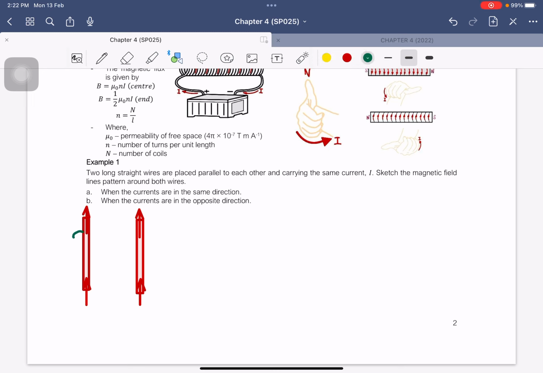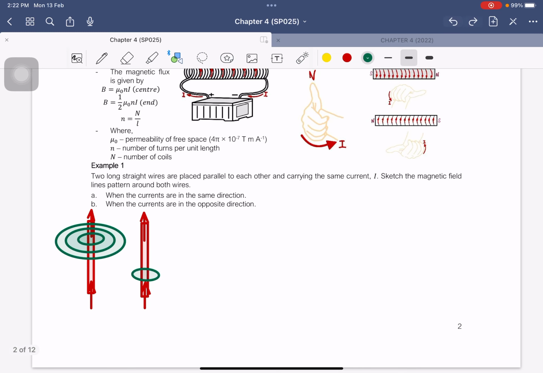Okay, so magnetic field lines, something like this. Right, then we draw for this one as well. Since it is pointing upwards, this is gonna be anti-clockwise. So this should also be the same.